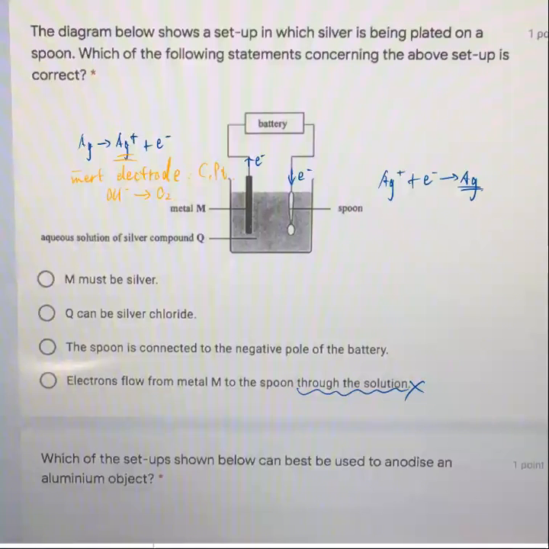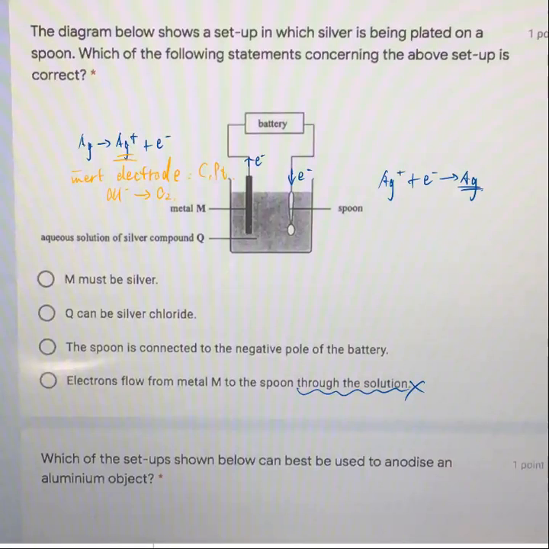Any questions? Yeah, that's why I repeat it again. It doesn't have to be silver, and I gave you an example. What's an alternative choice? Using silver is not the only choice here.